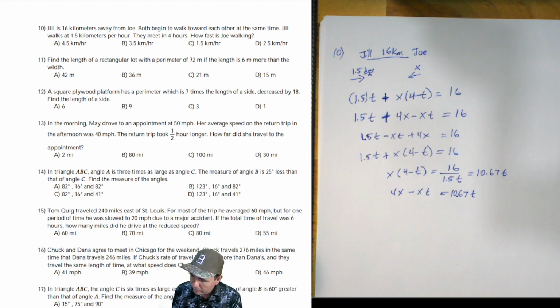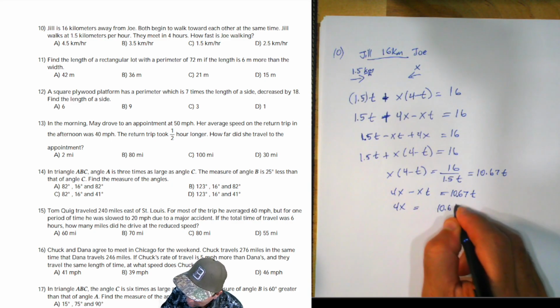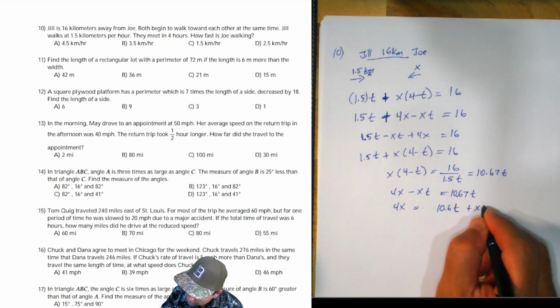All right, so how fast is Joe walking? So I guess we're going to move this to the other side. 10.67t plus xt.